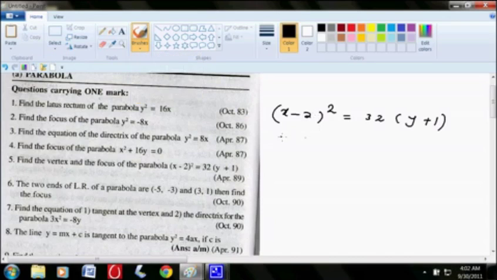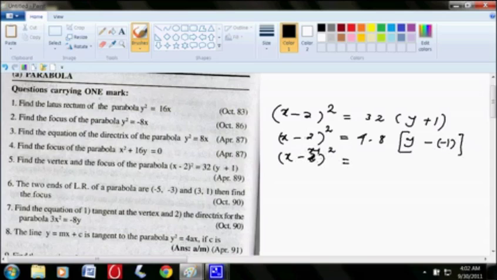So I will write it like (x minus 2) whole squared is 4 into 8 into (y minus of minus 1). (x minus x1) whole squared is 4a into (y minus y1). So your x1 is 2, a is 8, y1 is minus 1.